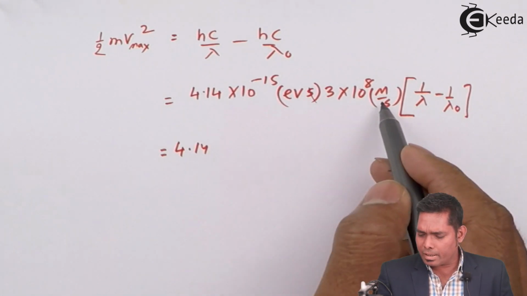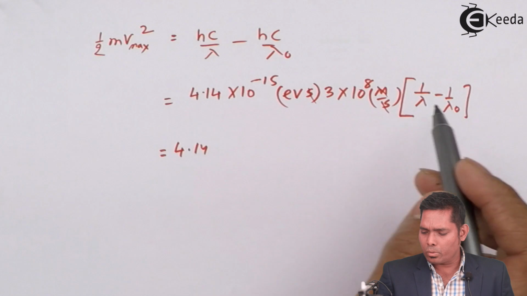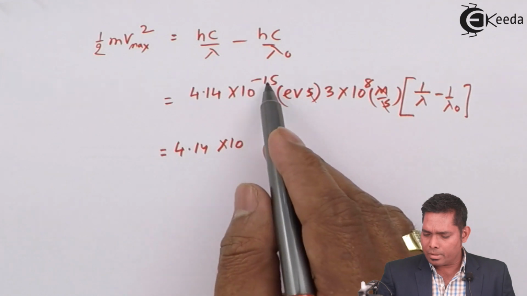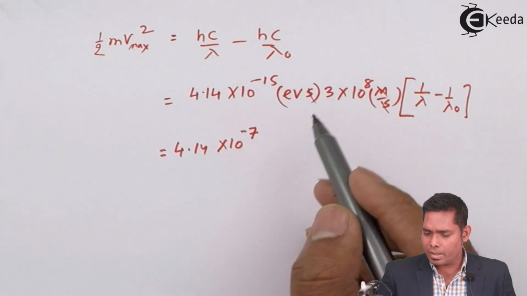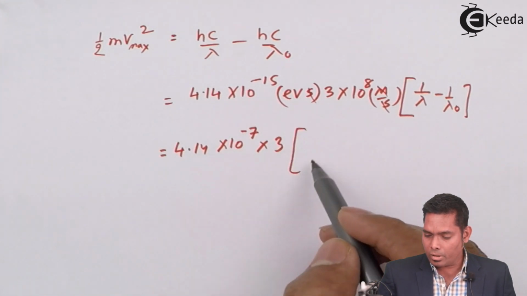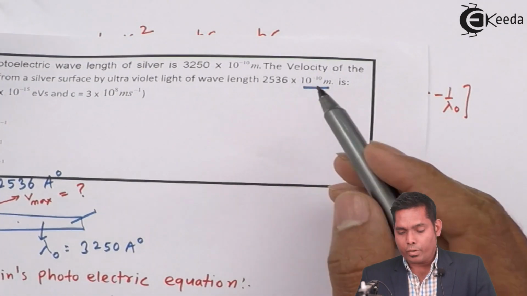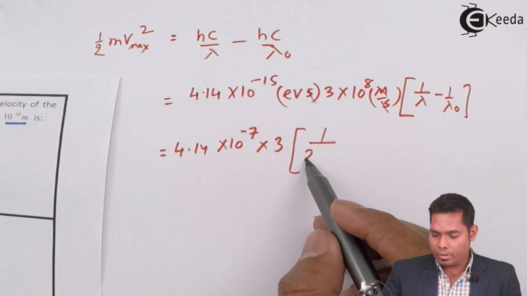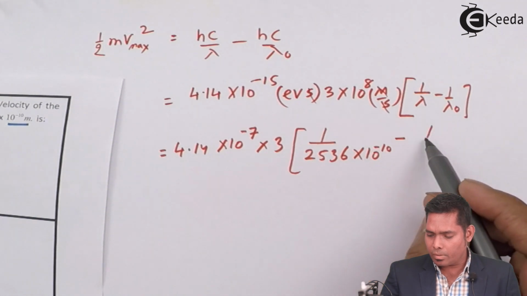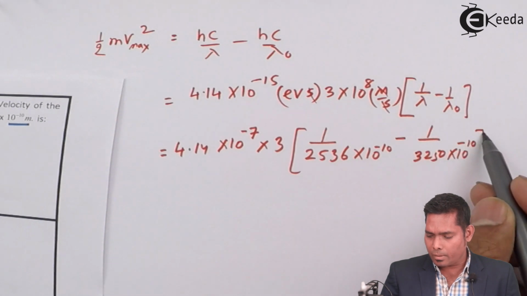4.14. You can see the second will cancel. This is electron volt meter, and if I write the wavelength in meter, the meter will also cancel, so there is no unit. It is only electron volt: 4.14 into 10 raised to the power minus 7, because it's minus 15 plus 8, into 3, into 1 upon lambda in meter, that is 1 upon 2536 into 10 to the power minus 10, minus 1 upon 3250 into 10 to the power minus 10.